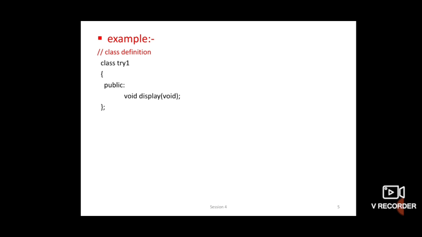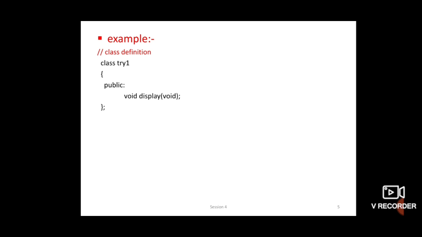Definition means actual coding, whatever you write under that function is called the definition. And declaration means just declaring that variable, just declaring that function name, okay.